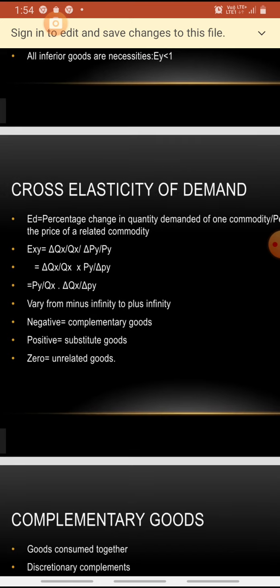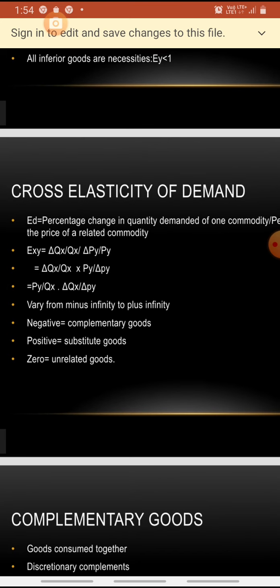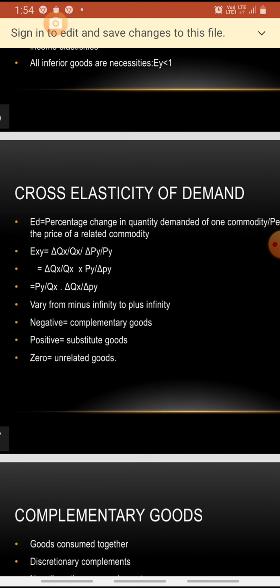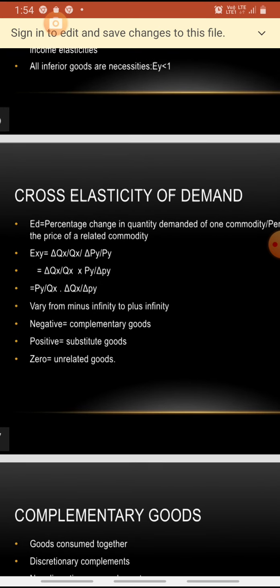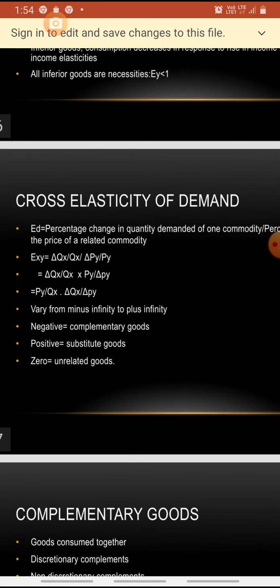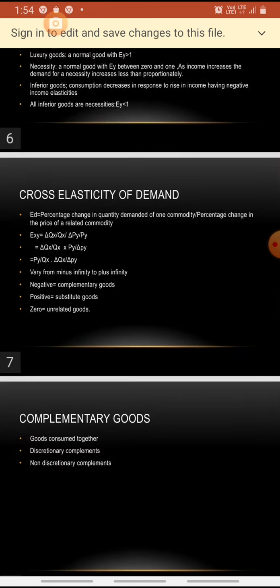The value varies from minus infinity to plus infinity. Please note that cross elasticity value varies from minus infinity to plus infinity. Cross elasticity will be negative for complementary commodities, positive for substitute goods, and 0 for unrelated commodities.